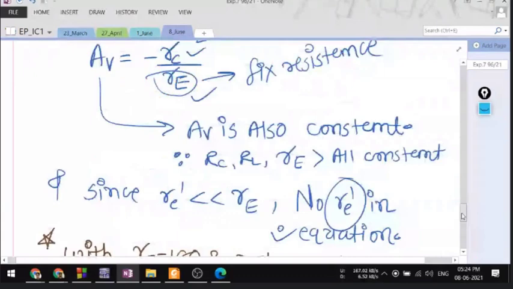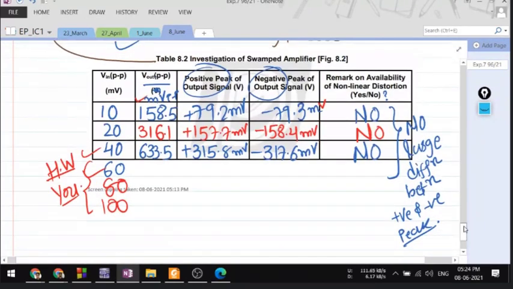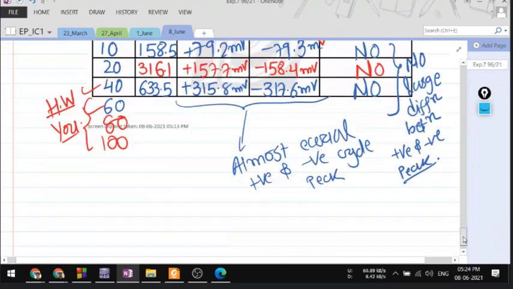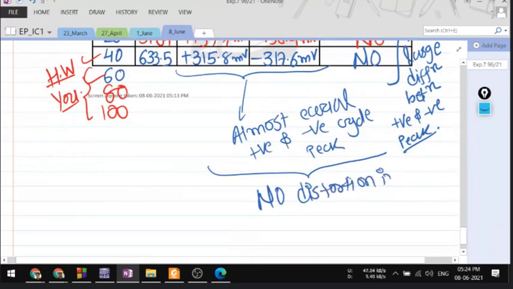But in this case, if you unbypass the 180 ohm, with unbypassed RE you can see that the positive and negative cycle peaks are almost equal. So there is no distortion in the output, right?